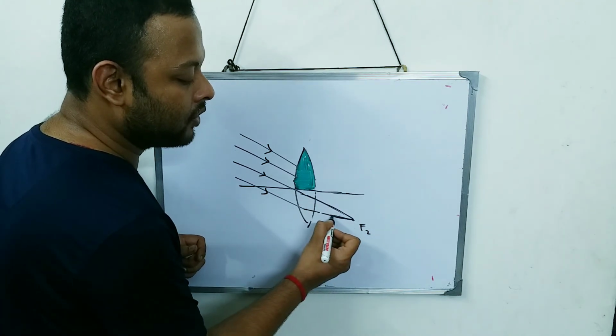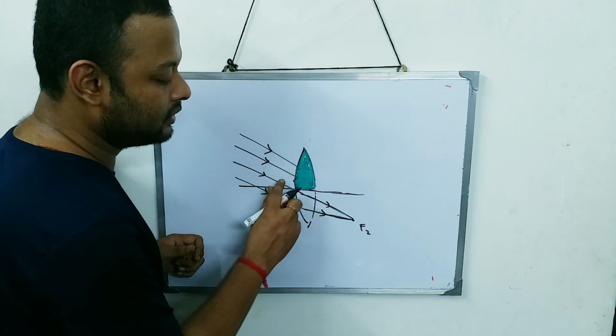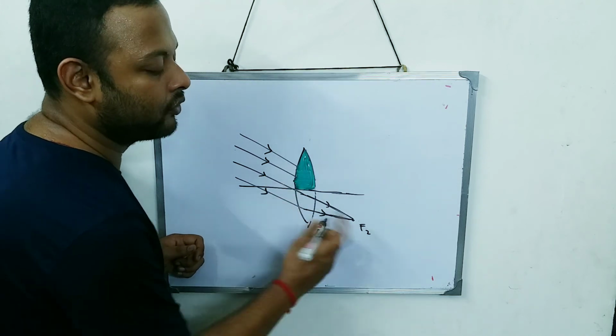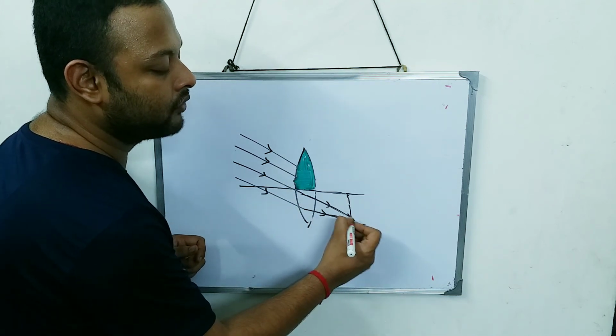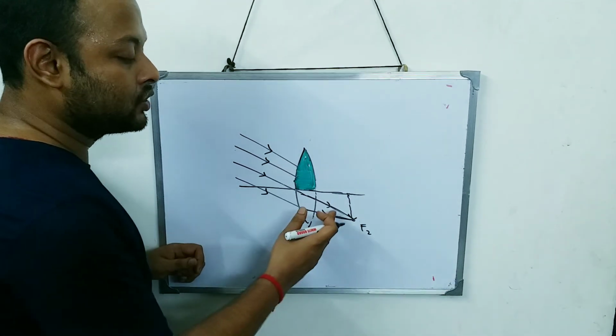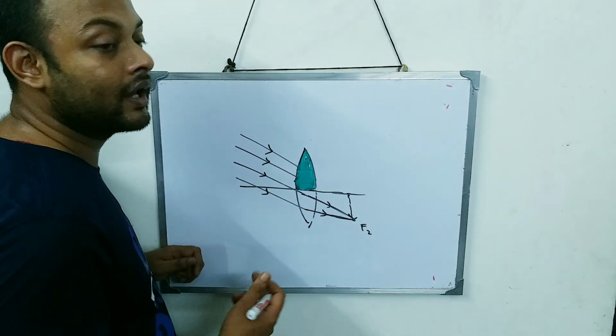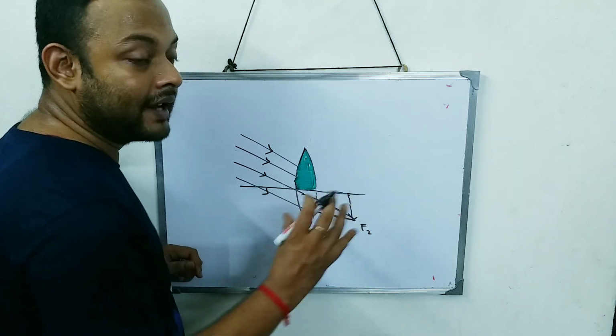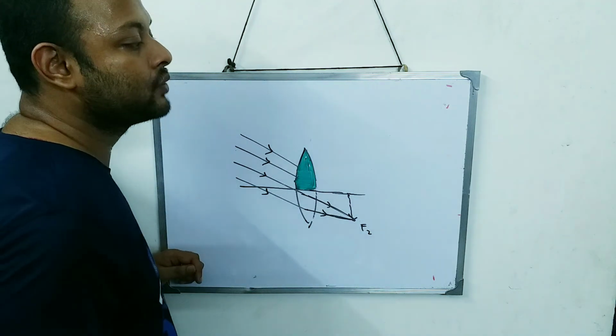Although the image is formed, it will be formed only by the last two rays, the third ray and fourth ray. So the image is not formed by all four rays. As a result, the brightness or the intensity of the image will decrease.